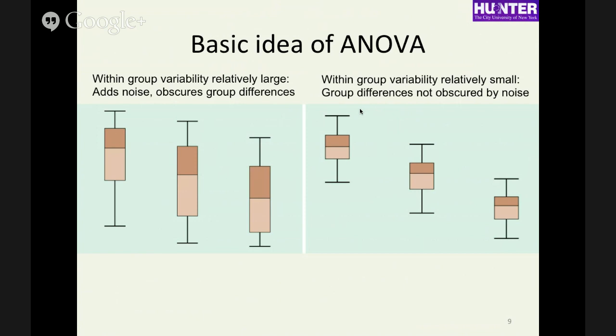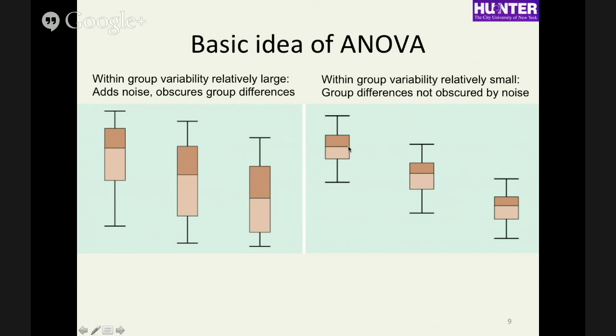So here's another picture of this basic idea of ANOVA. On the left here, we've got some difference between the groups, but a fairly big difference within the groups. And that difference within the groups kind of obscures the differences between the groups, and it makes you think that maybe these differences in means between the groups are just random.